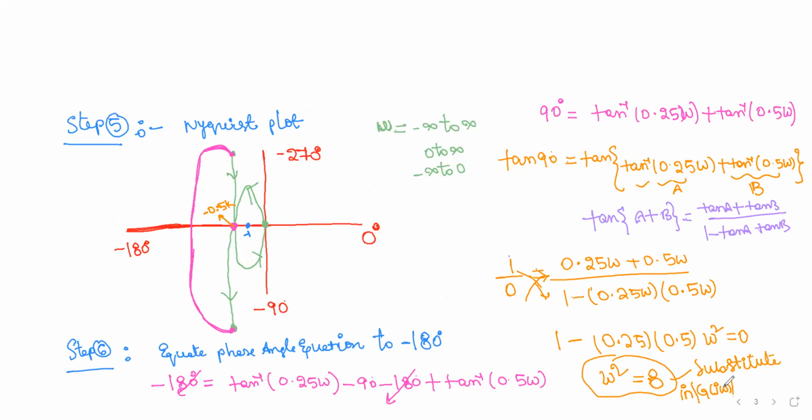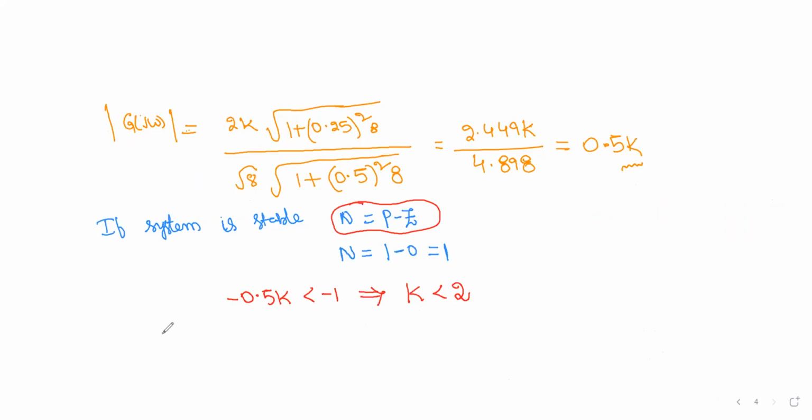There N equal to 0. So other than those K values, the system is unstable.